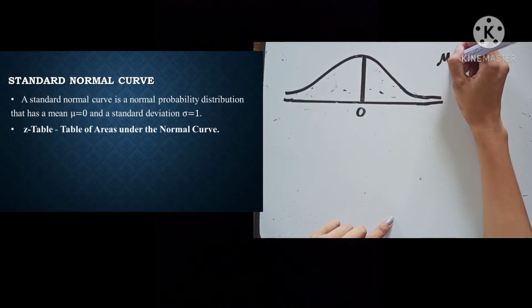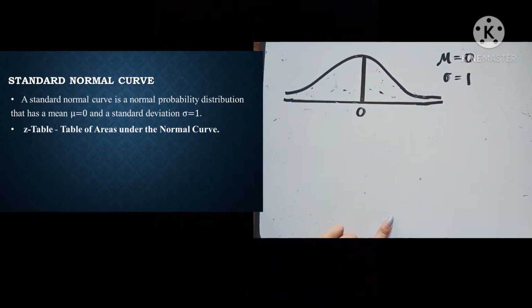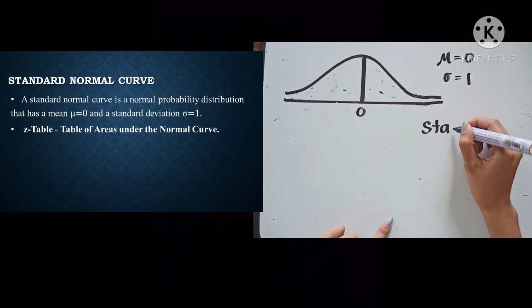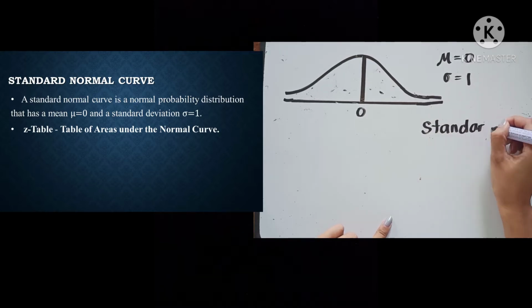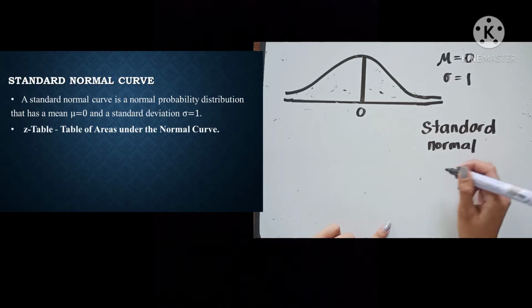Okay? So, kapag ang value ng mean natin ay 0 and yung standard deviation natin is equal to 1, ito yung tinatawag natin na standard normal distribution.